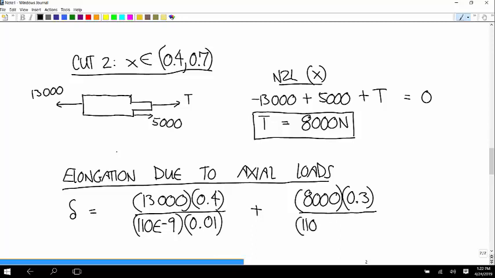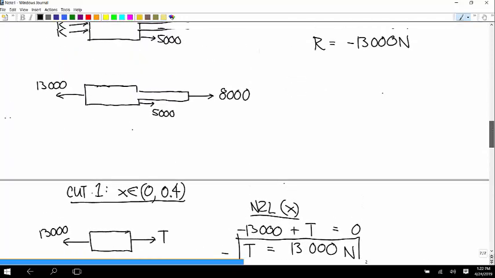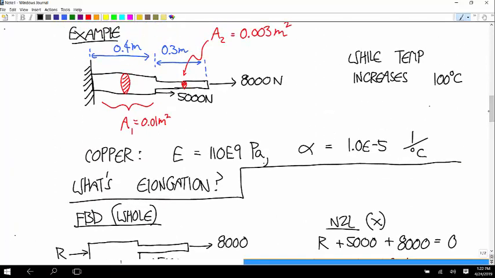times the Young's modulus, 110 times 10 to the, oh, this should not be minus 9, this should be positive 9. That would be a very stretchy material.